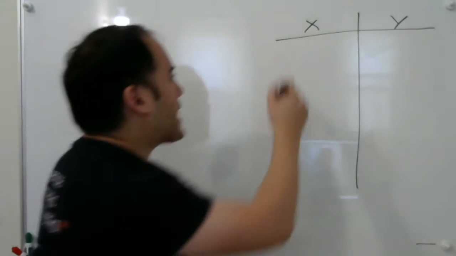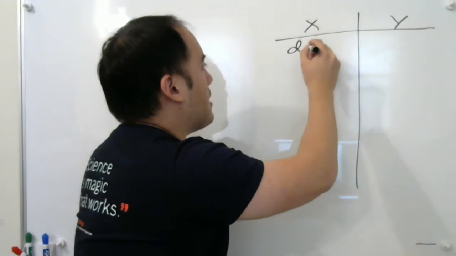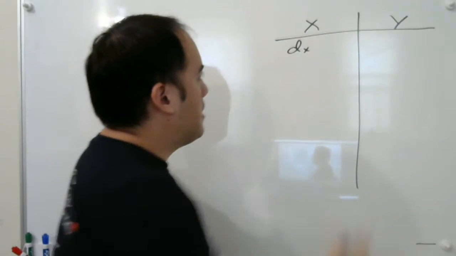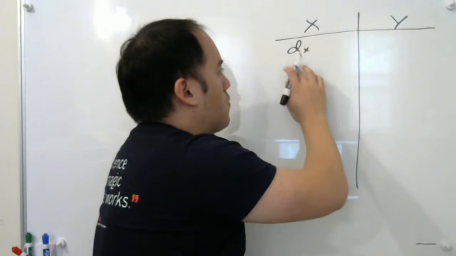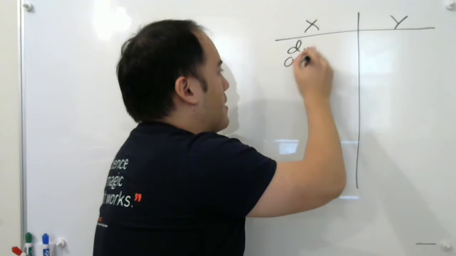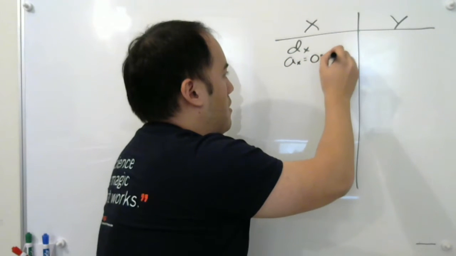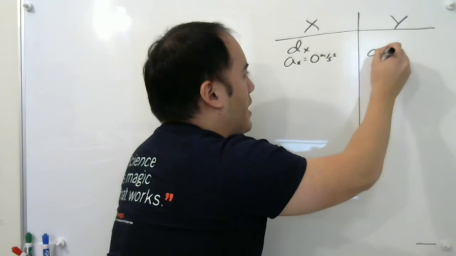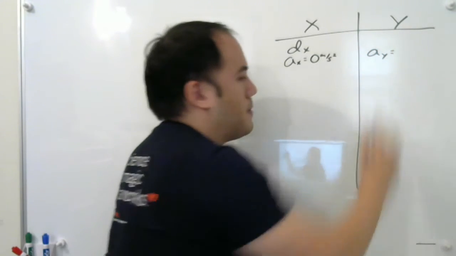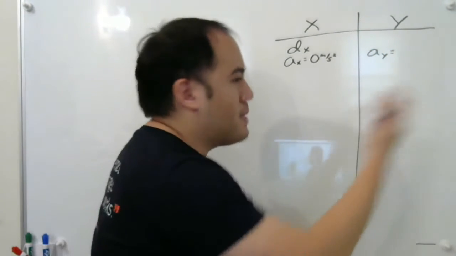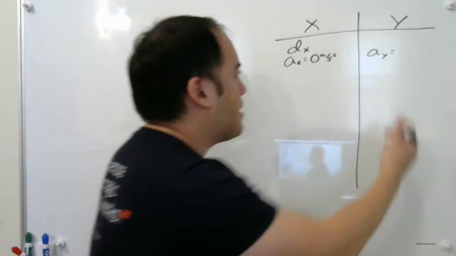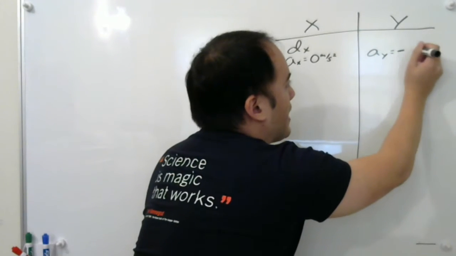So we want the maximum dx. We know ax is 0. We know ay is negative 9.8, a very common shortcut for negative 9.8, negative g.